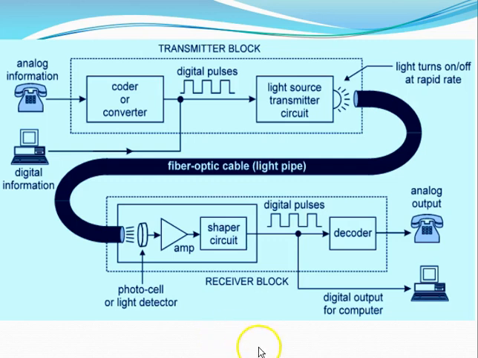Okay, so this is a block diagram for fiber optic communication. The transmitter block uses an electrical interface, either video, audio, data, or other forms of electrical input, to encode the user's information through modulation.